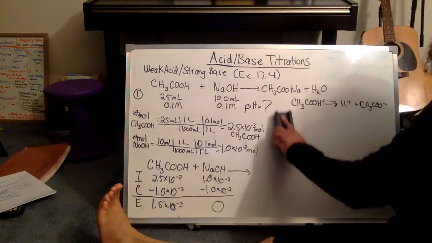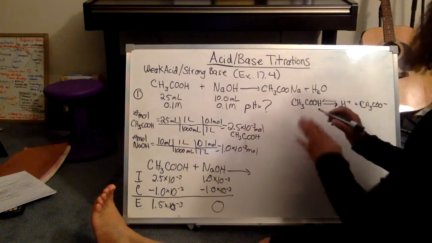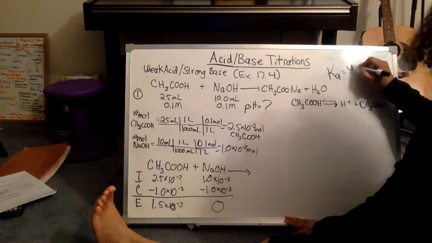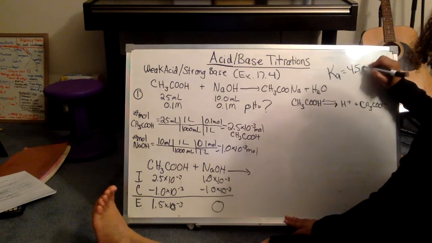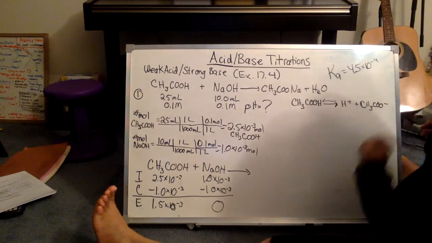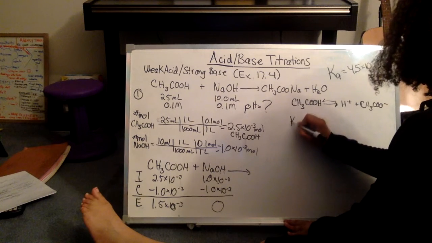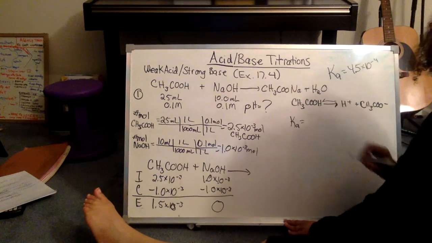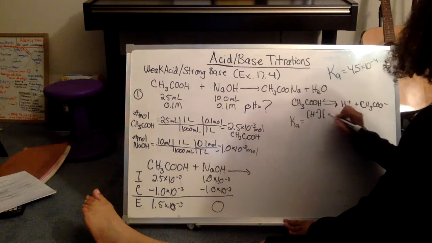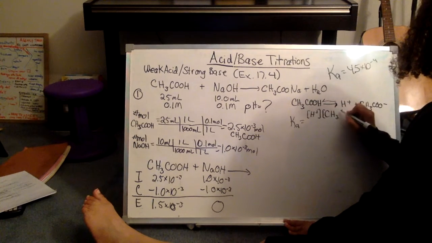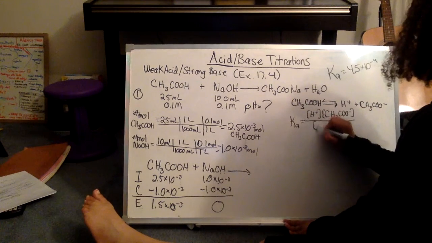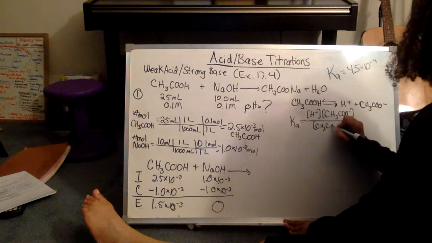It's a weak acid and it has a Ka value of 1.8 times 10 to the minus 5. We know this by heart after doing our problem set. When we write the expression for Ka, it's going to be H plus times CH3COO minus, the products, over the reactant, CH3COOH.